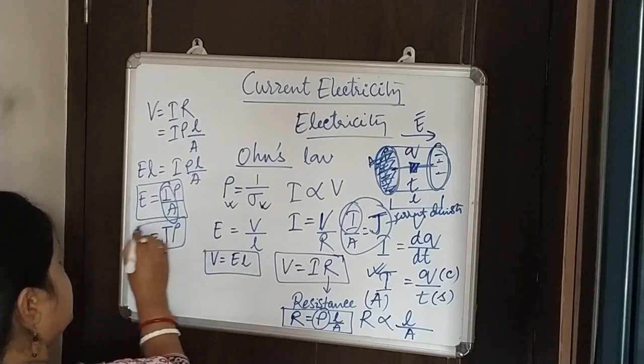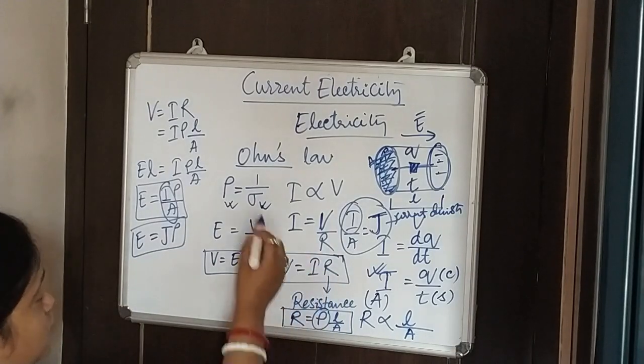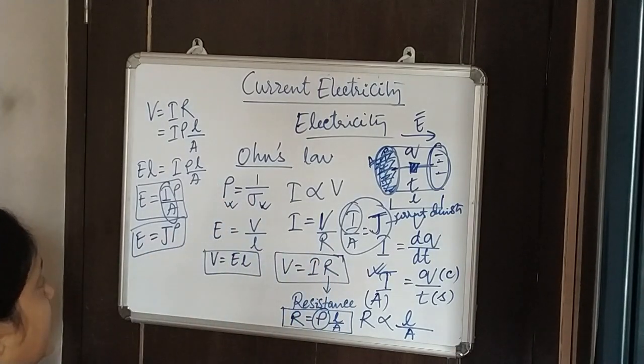Now substituting for I by A, we get J into sigma. So electric field is equal to J into sigma. We also know that sigma is 1 by rho.